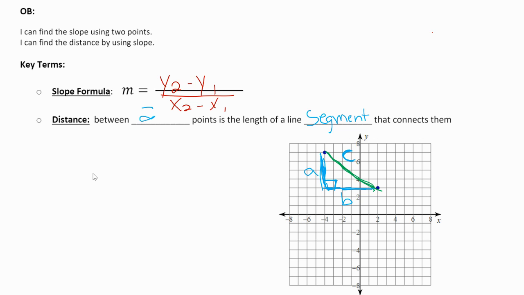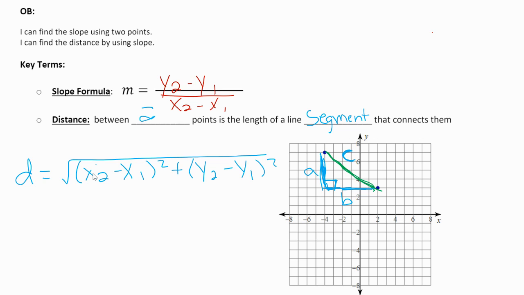So our distance formula we're going to end up using is the square root of x2 minus x1 squared plus y2 minus y1 squared. And if you notice, it looks very, very similar to our slope formula.